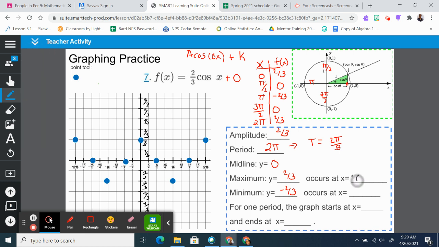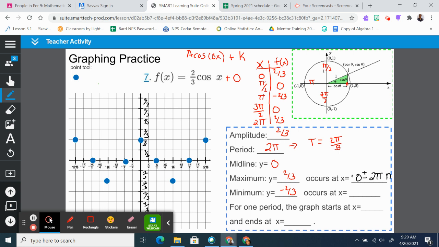So I'm going to put 0 right here. But I noticed that our maximum occurs multiple times. Every time we travel one period, plus or minus, we are also at our maximum. So I'm going to put plus or minus 2 pi, that's the length of our period, times n, because every multiple of 2 pi, we're going to be right back to where we started.